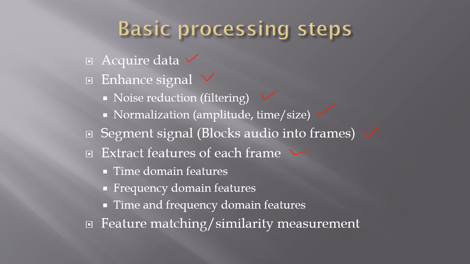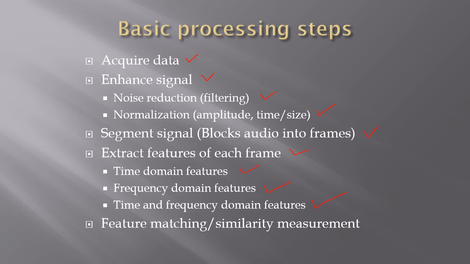So in 1 second of data, you would extract 20 times because you have 20 frames. You could extract the time domain features, the frequency domain features, or the time and frequency domain features. It is really up to you which features you want to use, but we have to consider the application and also the performance of our method.